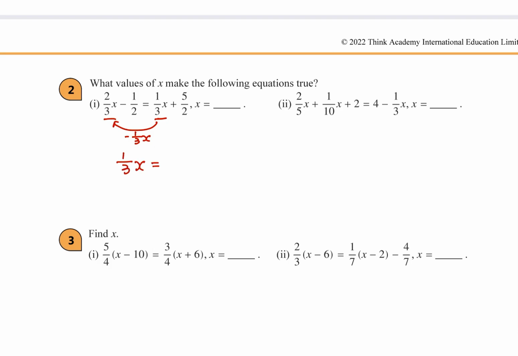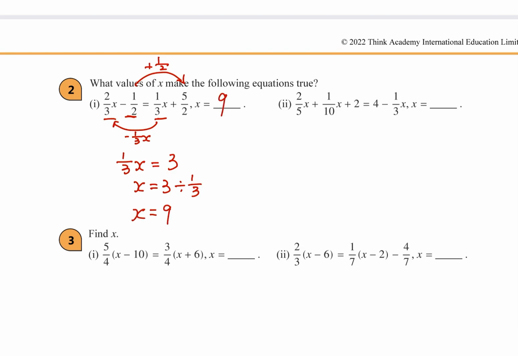And then on the right-hand side, as we're moving this minus a half to the other side, we're actually adding a half on the right-hand side. So we got 5/2 add 1/2, and that's going to be 6/2, and that will actually be 3. So our x, therefore, is just 3 divided by a third, and that is 9.